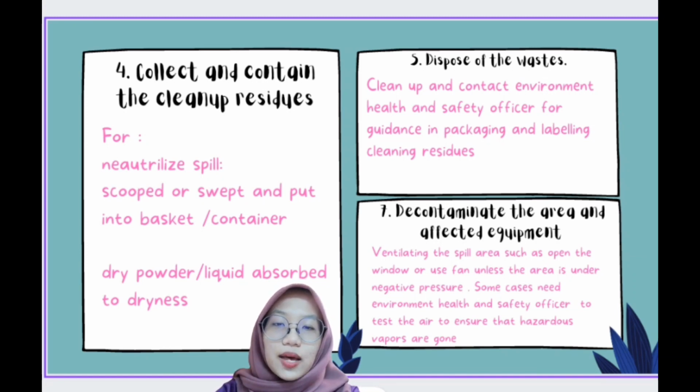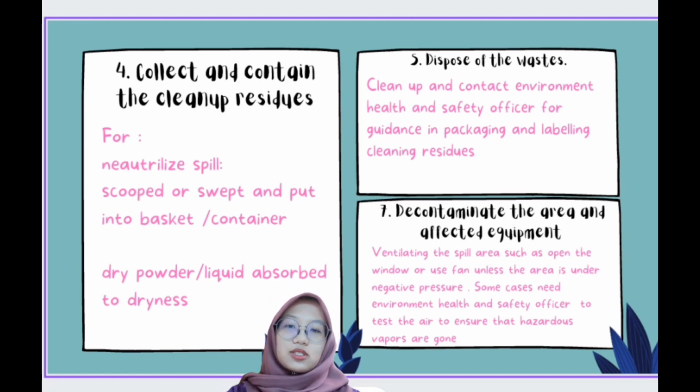The last step is to decontaminate the area and affected equipment. Ventilate the spill area, such as by opening the windows or using a fan, unless the area is under negative pressure. Some cases need the environmental health and safety officer to test the air to ensure that hazardous vapors are gone.